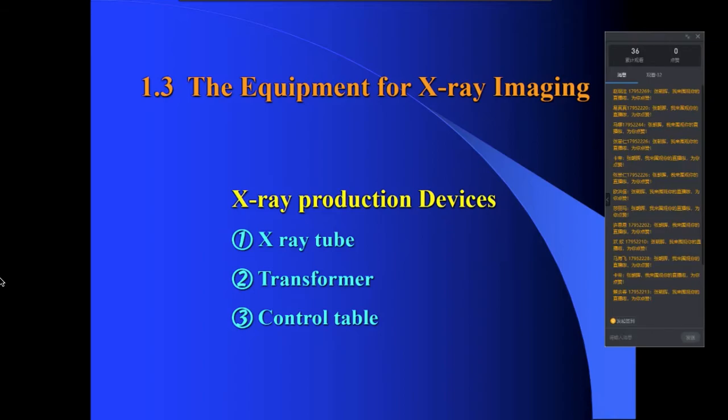Now let's talk about the equipment for X-ray imaging. The first group of equipment is X-ray production devices, including X-ray tube, transformer, and a control table.